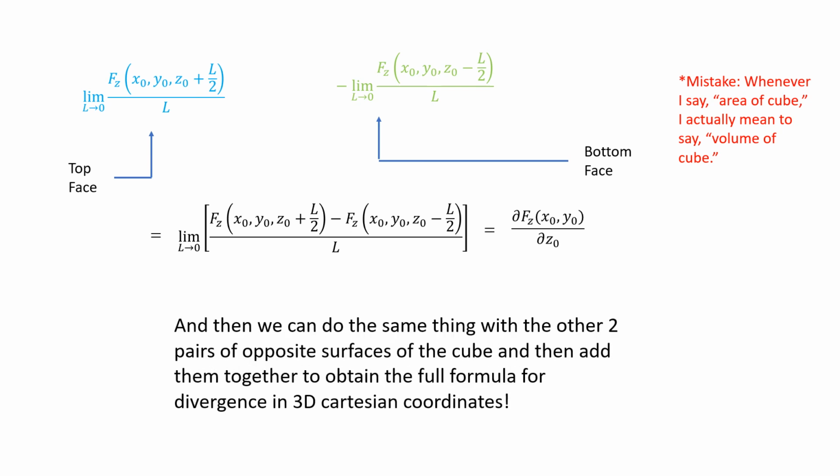So note that if you take opposite sides, so if you add the flux for opposite sides of your surface, then they're going to end up becoming these partial derivative terms.